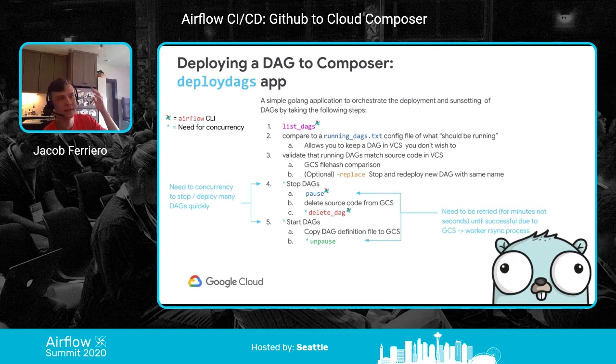And optionally, if the DAG appears in both places, it will do a GCS file hash comparison between what is checked into version control and what is deployed in your Composer bucket. This is how we detect if you've updated a DAG in version control and we're going to have to delete the old DAG and deploy a new one.